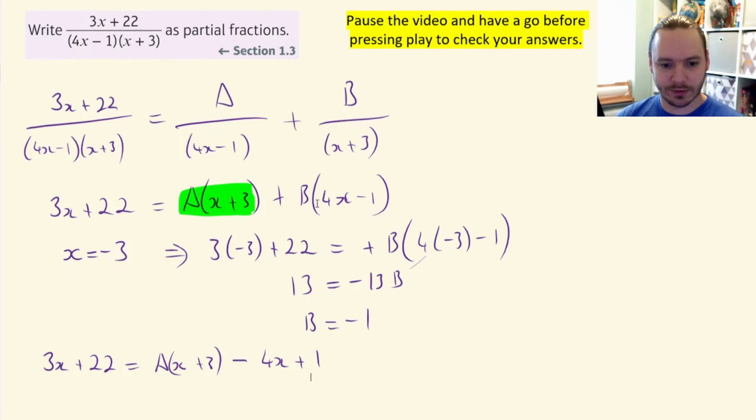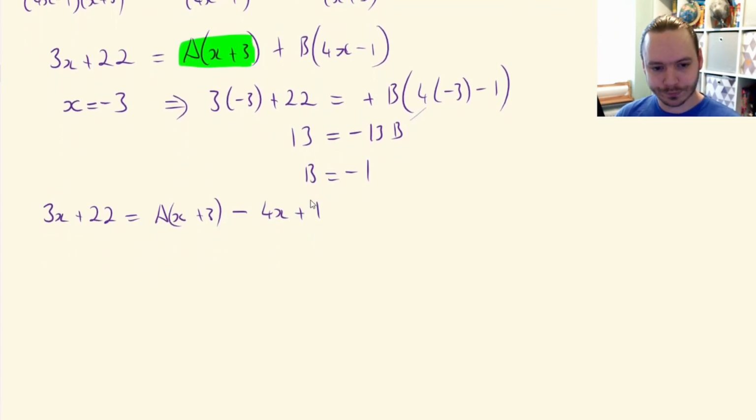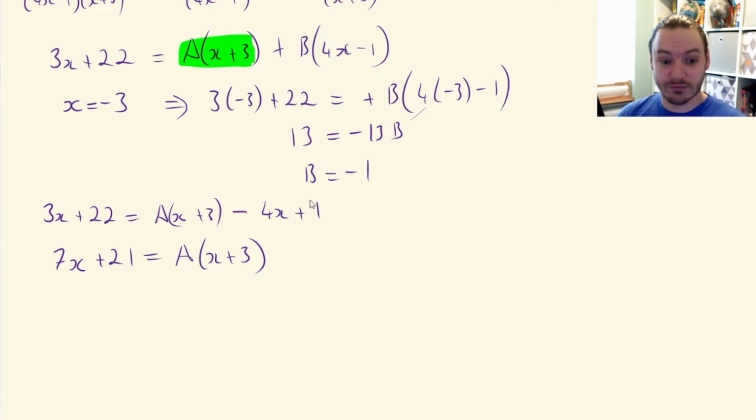And then, if I make myself a little bit more room, in that case, I end up with 7x plus 21 equals A lots of (x add 3). And hopefully from here you can see really easily that A has to be 7.